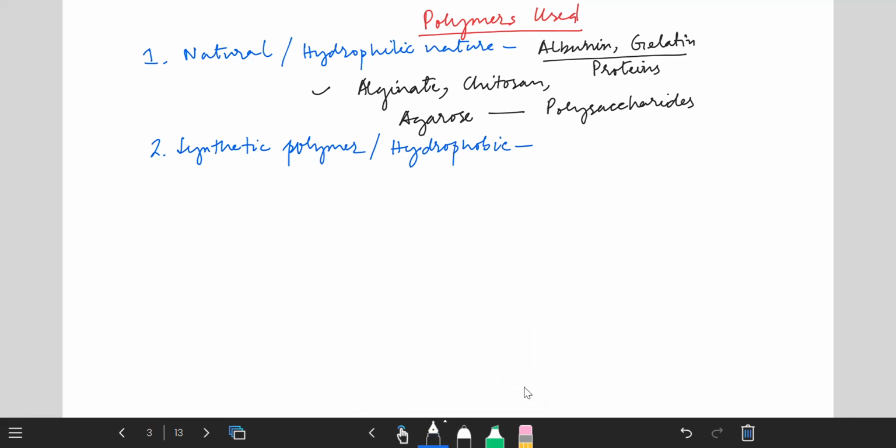For this, polystyrene type of polymerized polymer is used, or sometimes polyisobutylcyanoacrylate type of polymerized polymers are used.